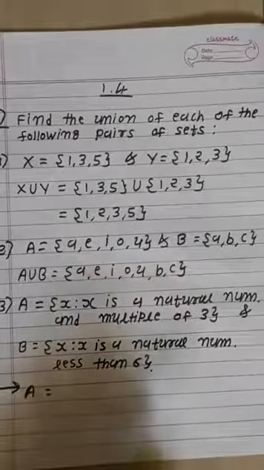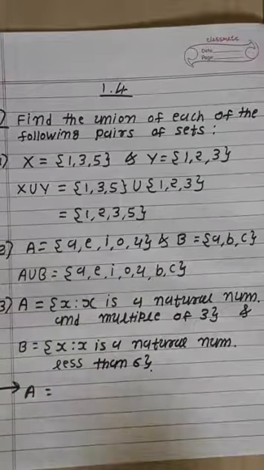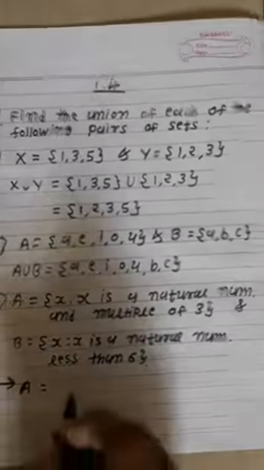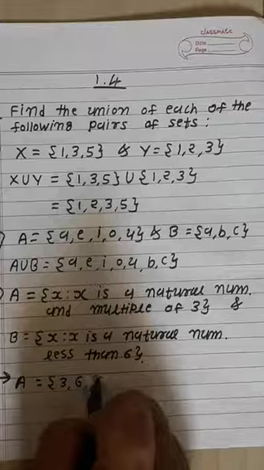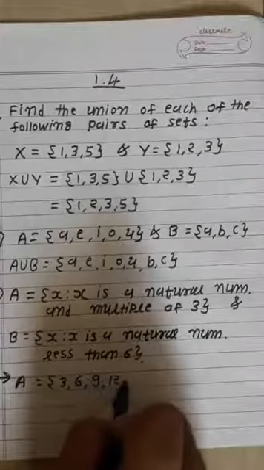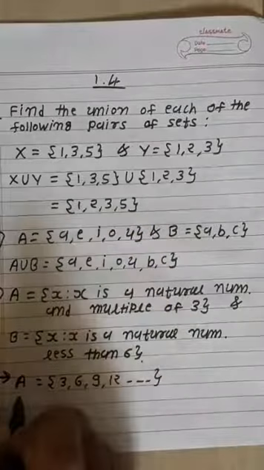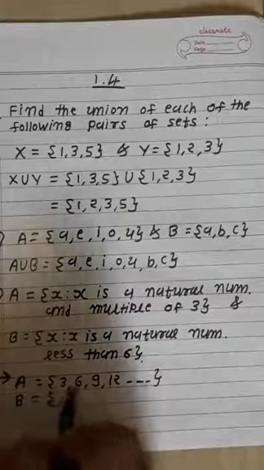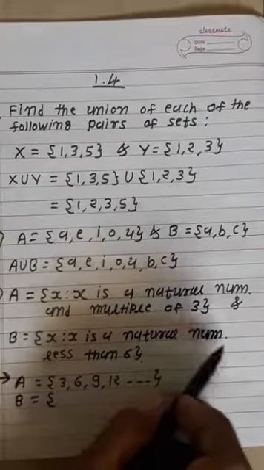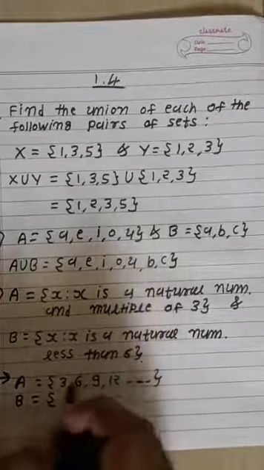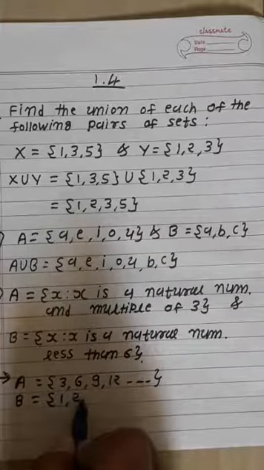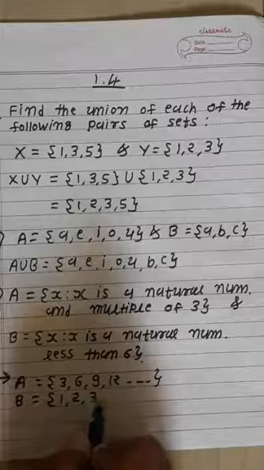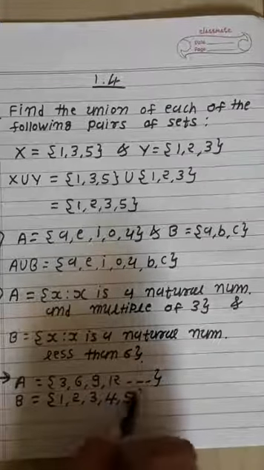So we can only consider the set 3, 6, 9, 12 up to infinity. And in case of B, x is a natural number less than 6, that means 1, 2, 3, 4, 5.